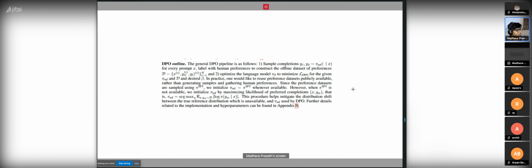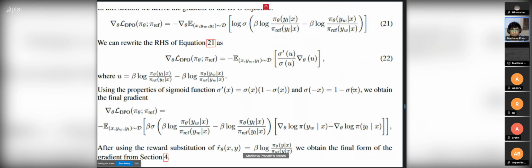Then you label a particular response Y1 as most preferred over the other. In DPO, you will be training on this loss function. For YW you do the log likelihood, and for YL you'll also be doing a log likelihood.